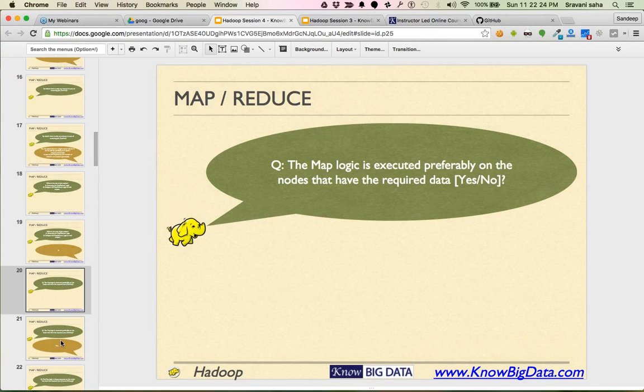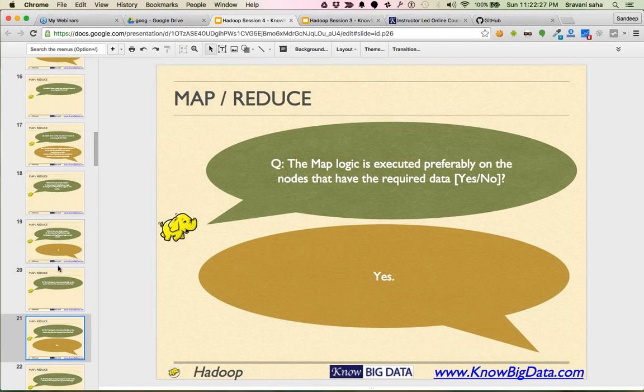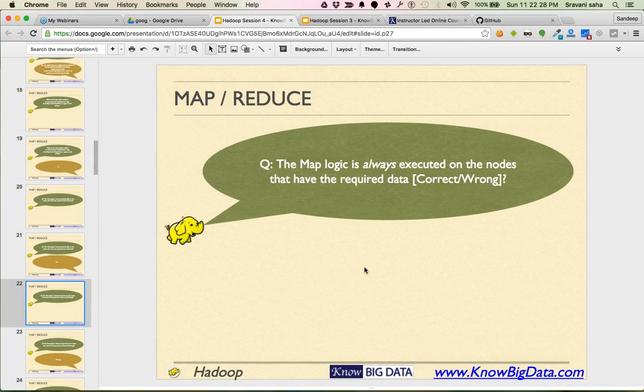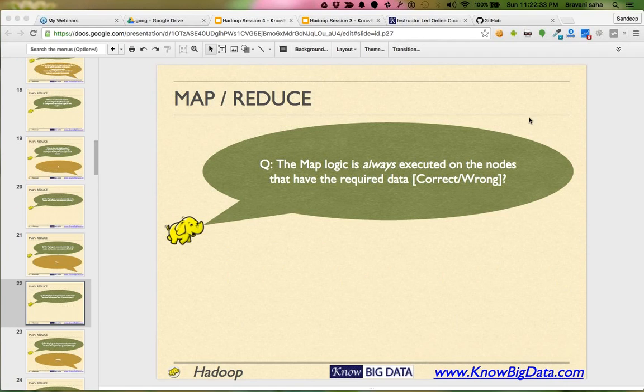All right. That's right. Now, here is a twisted version of the same question. Map logic is always executed on the nodes that have the required data. It is always executed. Is it correct or wrong?